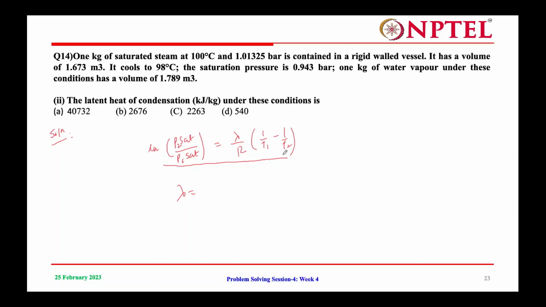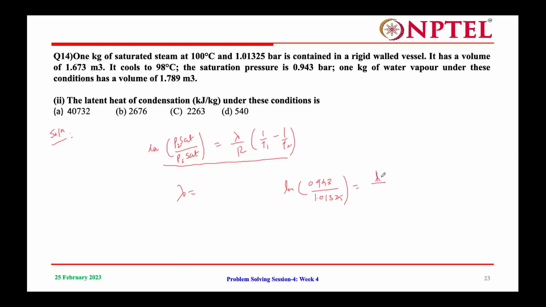Here it is mentioned that you have to divide by 8.314 and divide by 18. Right. So here ln 0.943 divided by 1.0325 into gamma.